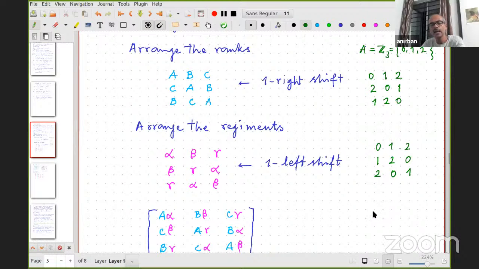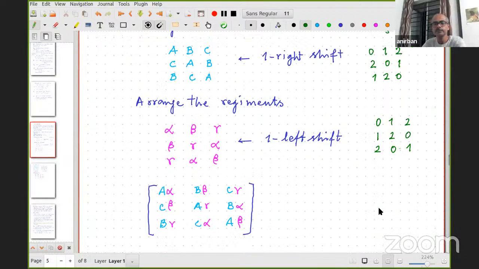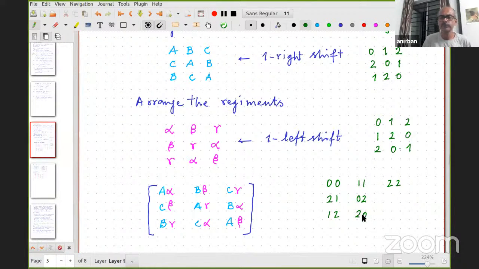If we put them together, we have 0,0; 1,1; 2,2; then 2,1; 0,2; 1,0; and so on.